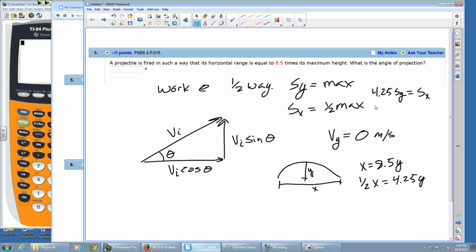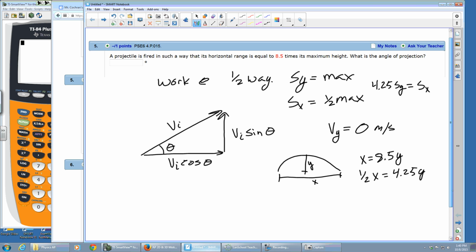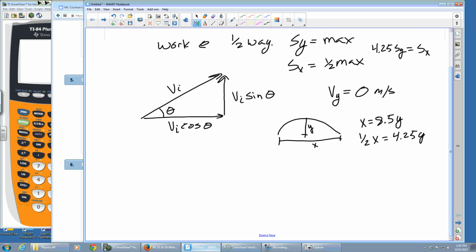All right. And so at this point, at the peak here, sorry for that, the s of x is going to equal vi cosine theta times t.